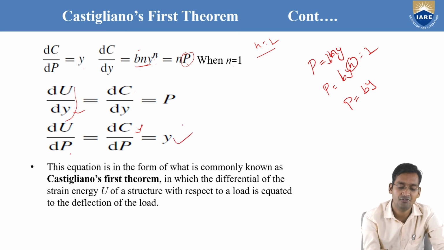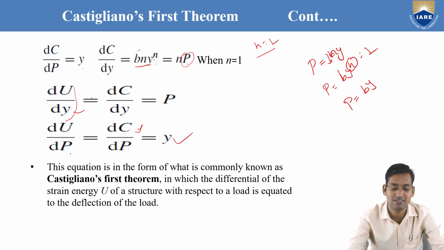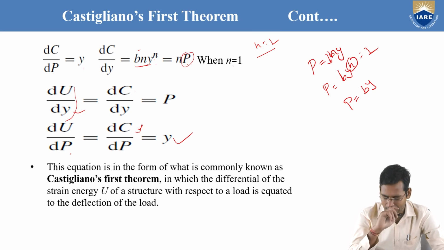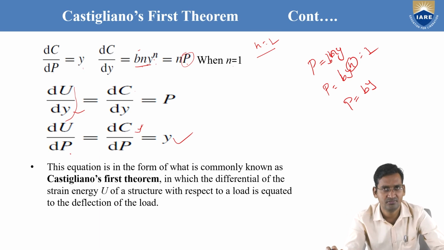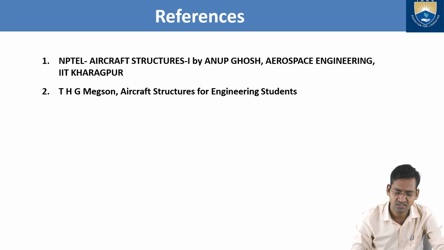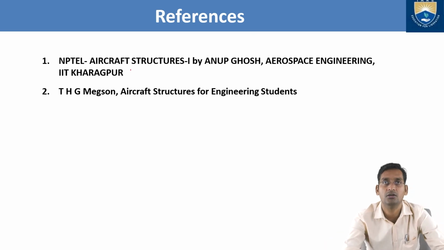And hence after proving this, du by dp and dc by dp are both equal, and that equals the deflection. We can say that if we find dc by dp, that is the complementary energy, or the strain energy, by finding either we can find the solution of the problem, right? So this is the reference.